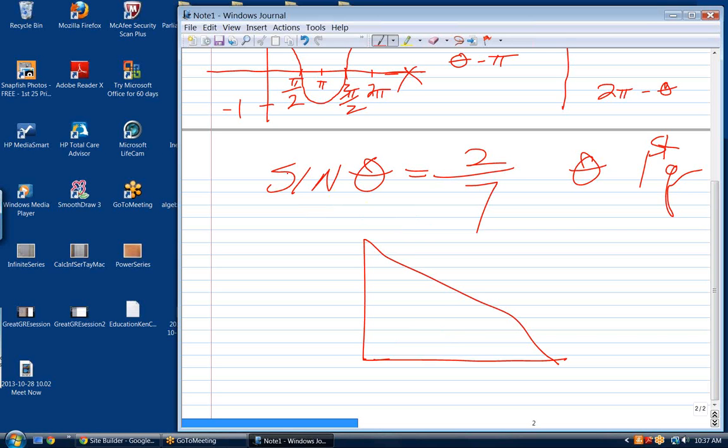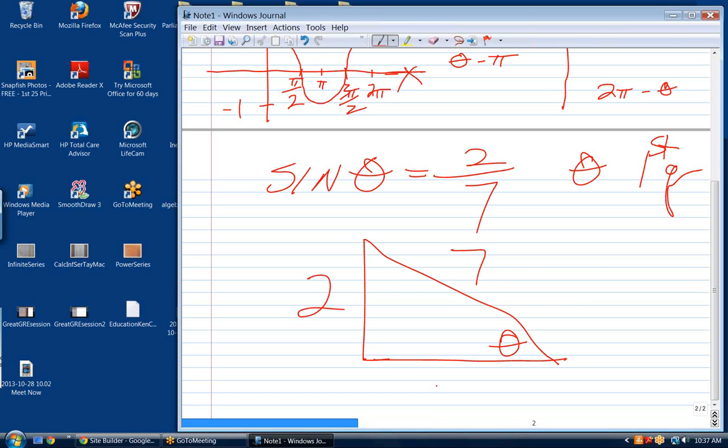So when they give you one trig function, draw a triangle, label theta. It's very important to do both of those. Now, how can I start dimensioning that triangle? Place the 2/7: if the sine of theta is 2/7, that's 2 opposite and 7 hypotenuse.